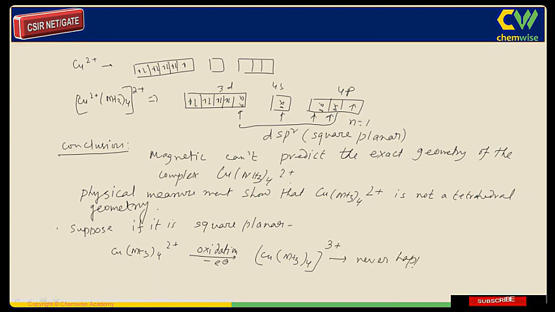So if we consider that it is square planar, this 4p electron is very loosely bound in the outermost shell, so it can be lost, but this never happens. This complex does not exist. Experiments show that oxidation of [Cu(NH3)4]2+ should be a very easy process, but it never happens. Copper never goes to copper 3+.